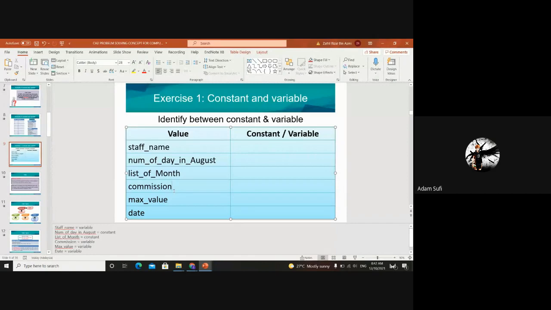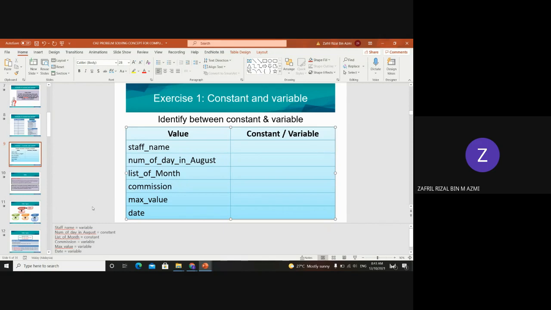Like max commission, correct. For example, the maximum commission is 2,000. It doesn't matter how much your sale is, the maximum commission is going to be 2,000. But then the name should be changed to maximum commission, so it represents the constant value.